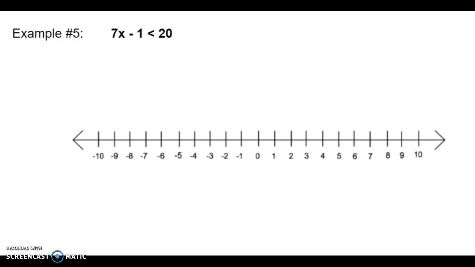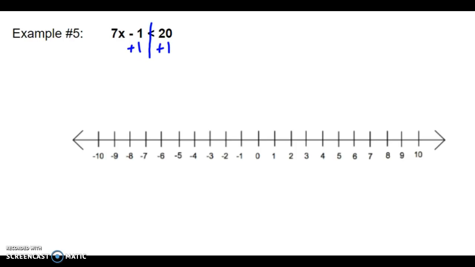All right, next one. Notice we have an additional step here. It ends up being a two-step inequality. 7x minus 1 is less than 20. So I'm going to add 1 to both sides. I'm left with 7x is less than 21. Sorry, even I make that mistake.